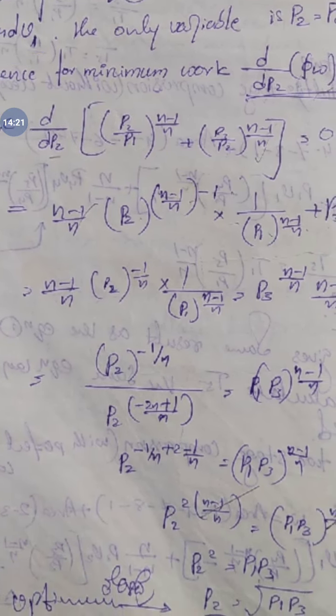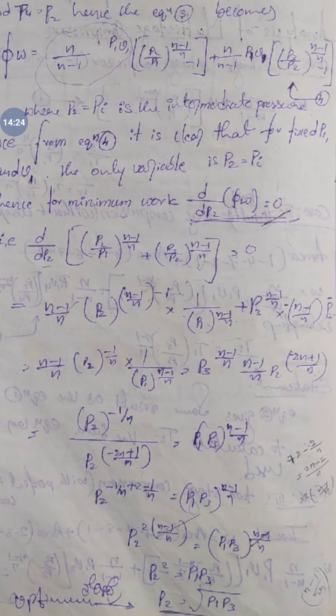If you further simplify it, you will get P2 to the power of minus 1 by n in the denominator, P2 to the power of (minus 2n plus 1) by n, equal to P1 P3^((n-1)/n). On the left hand side, if you take the denominator into the numerator, you will get P2 to the power of minus 1 by n plus 2 minus 1 by n, equal to P1 P3^((n-1)/n).